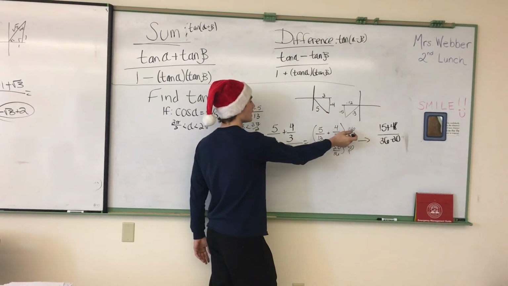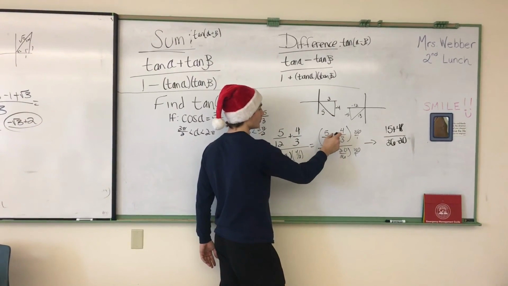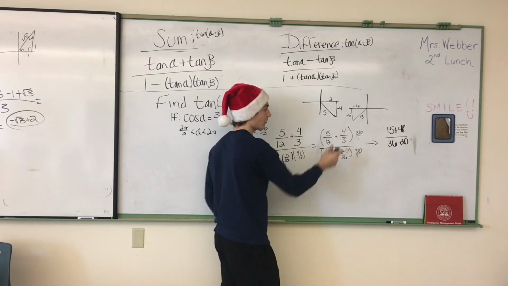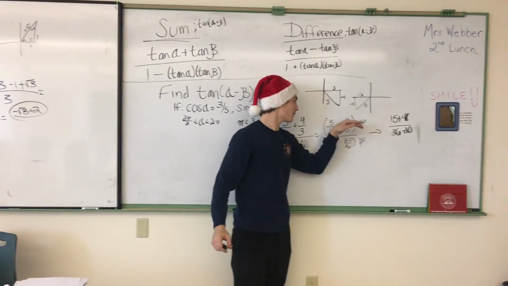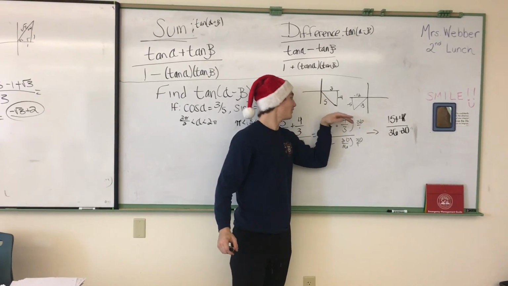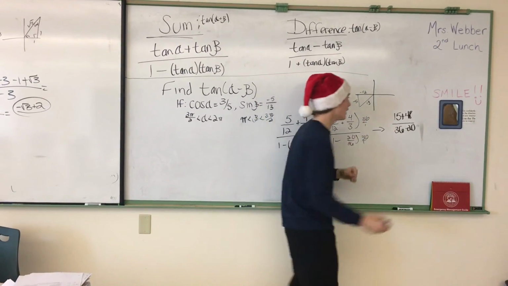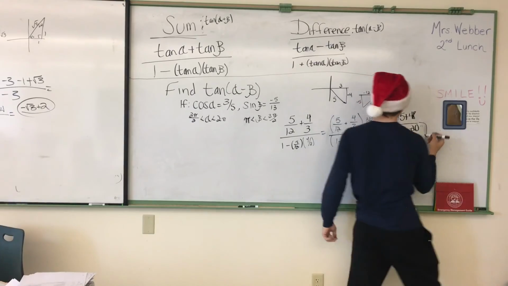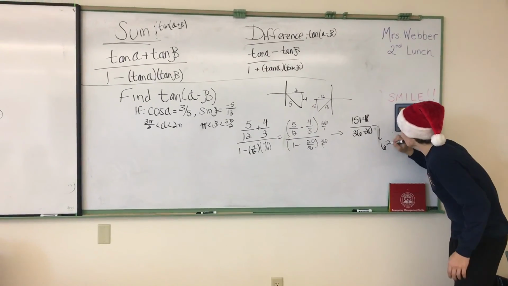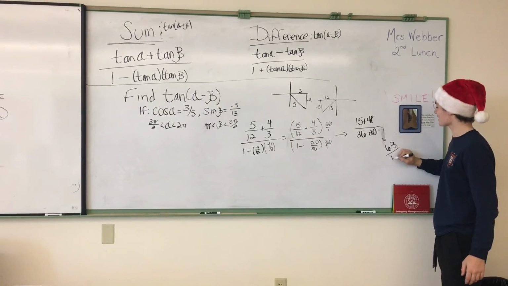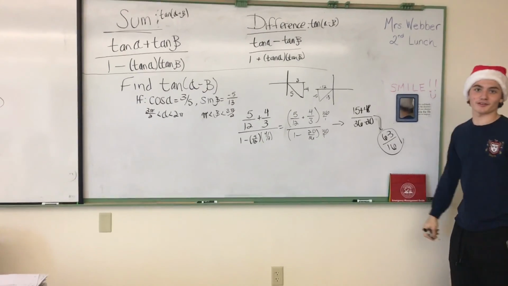And then for this, you can take 36 and divide it by 12, which you get 3, and you multiply it by 5, and you get 15, and you get 36 divided by 3, which is 12, and then you multiply it by 4, which is 48. And then for your final answer, you get 63 over 16. That's it.